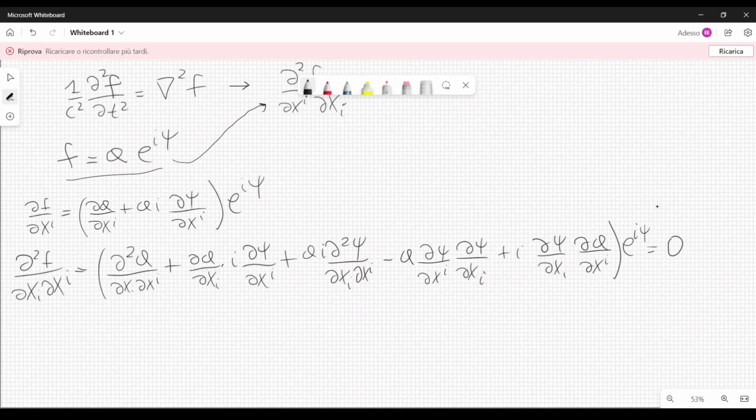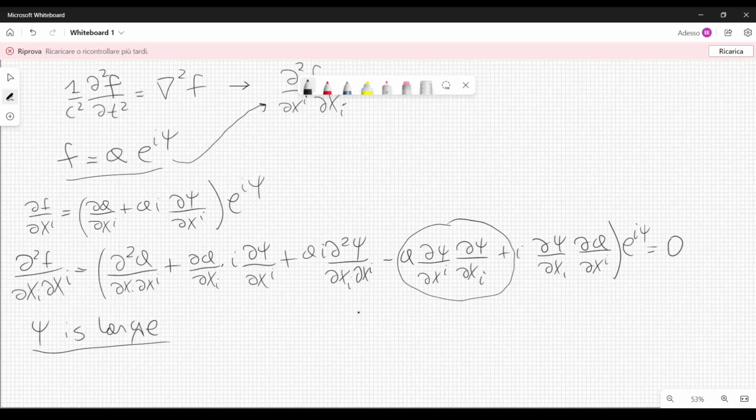Now we assume that psi is large, as all the theory of geometrical optics is based on the fact that psi, the phase of the wave, should be large. In this case, we can neglect all these terms apart from this one, because this is the only non-negligible term. It contains psi twice, as you can see, so it is proportional to psi squared. It is of a greater order of magnitude.